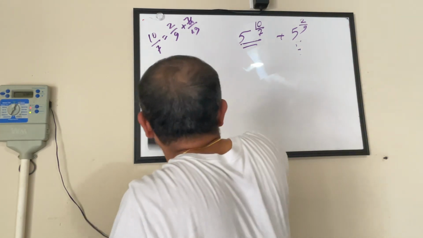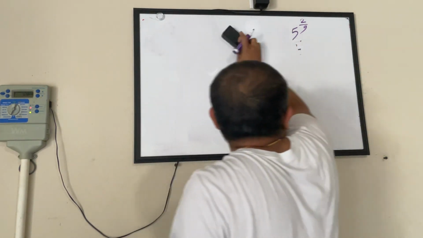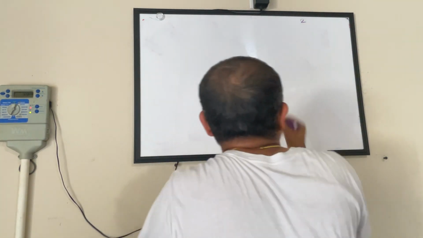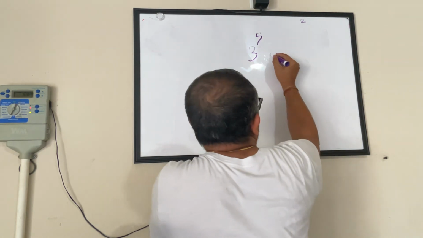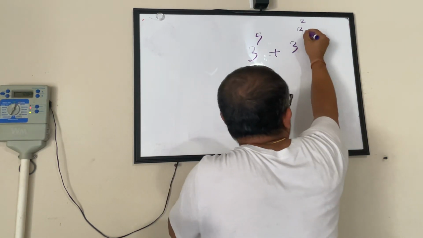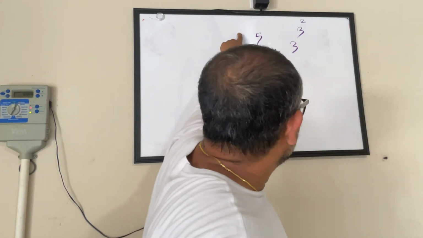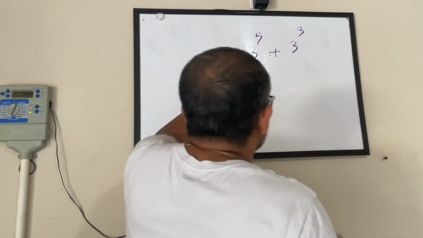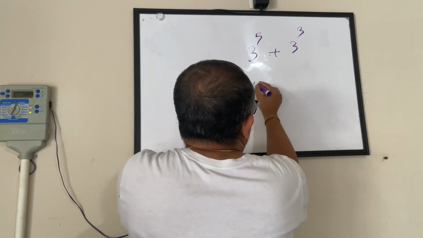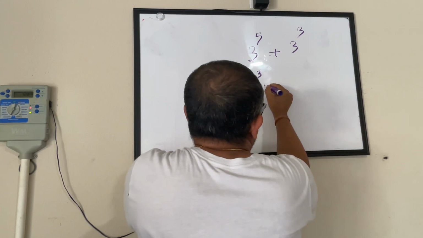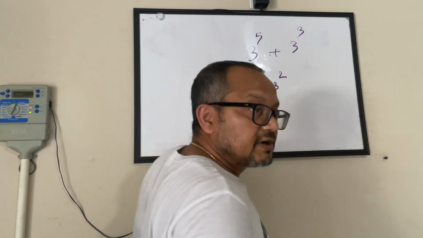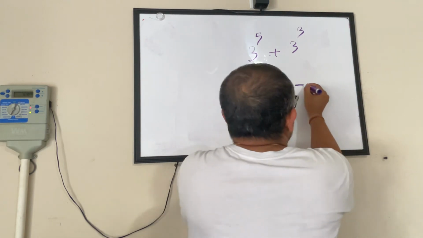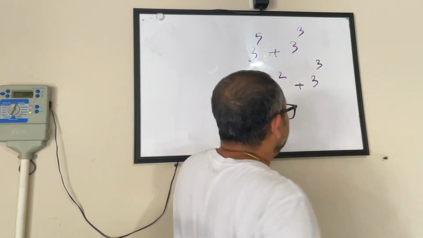Okay, let's do a simpler sum. I think you guys are worried right now. Let's look at this. If you have to add 3 to the power 5 plus 3 to the power 2, what will you do? You know 3 to the power 5 I can write as 3 to the power 3 into 3 to the power 2, plus 3 to the power 2.